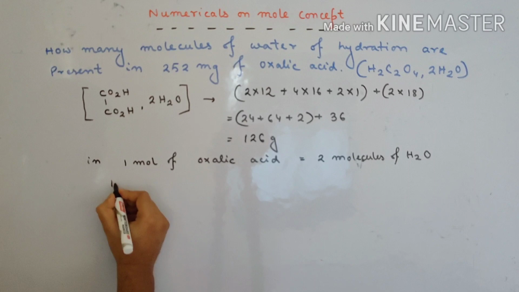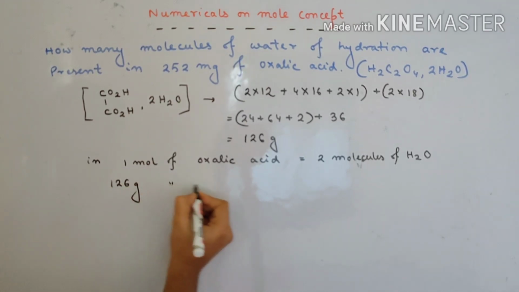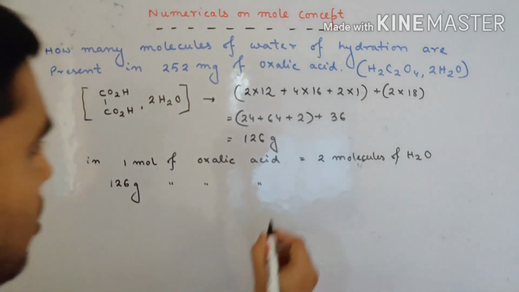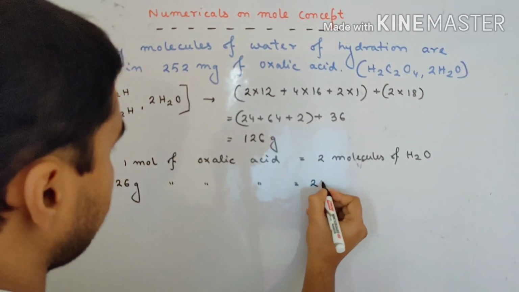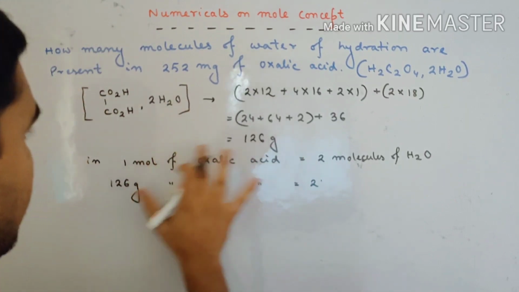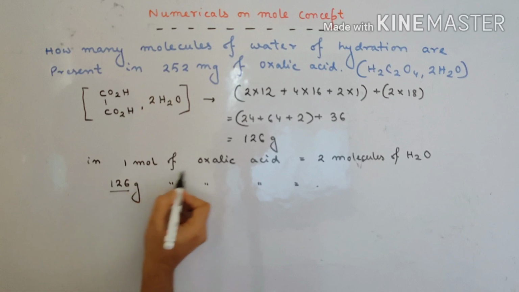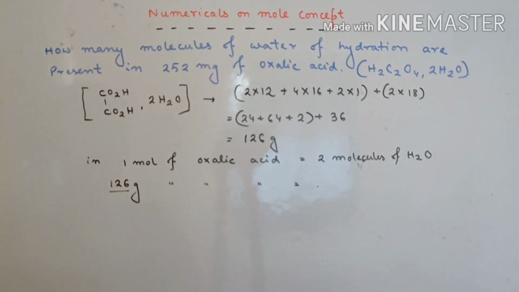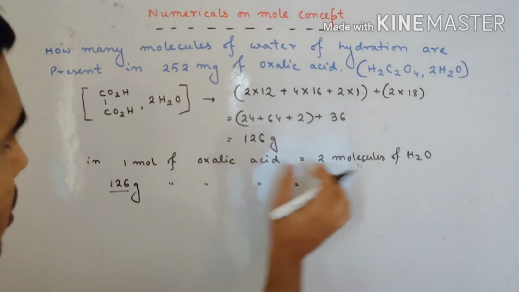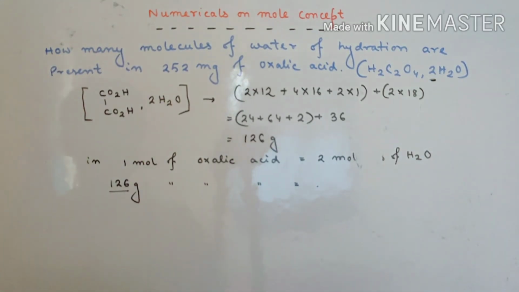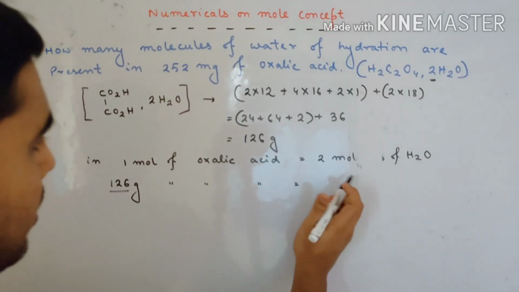So that means 126 gram of oxalic acid, if it is, it will contain how much? It should be 2 mole, because 1 mole contains 2 mole, as you can see.